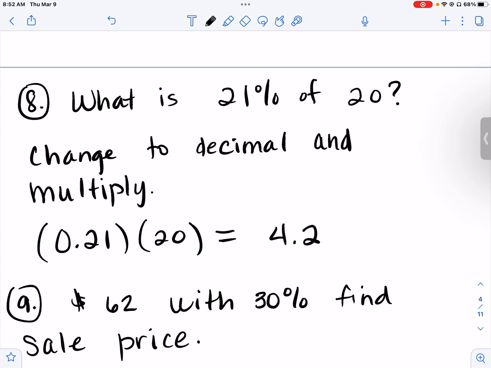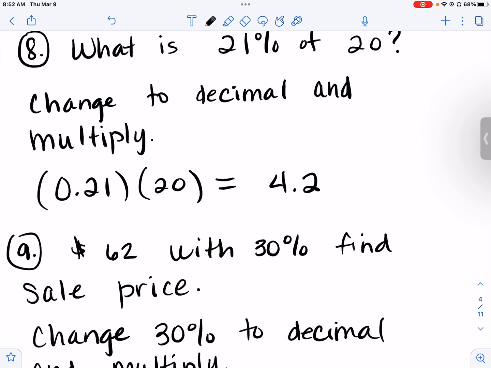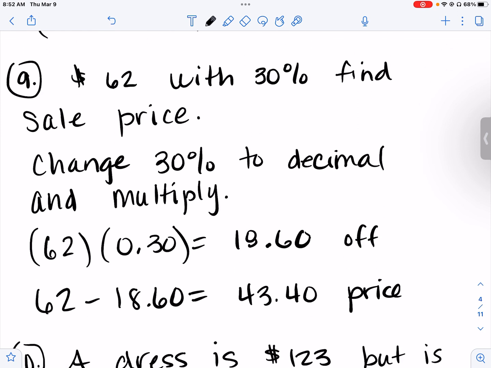What is 21% of 20? First, you change 21% to a decimal. So 0.21 times 20 equals 4.2. Number 9, $62 with 30% off. Okay, 30% off. Find the sale price.